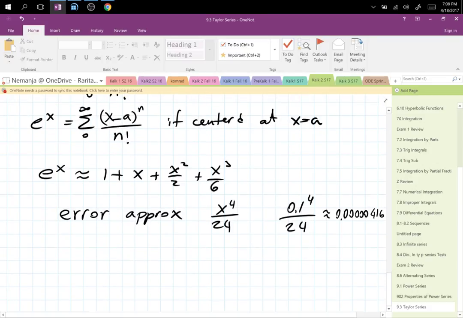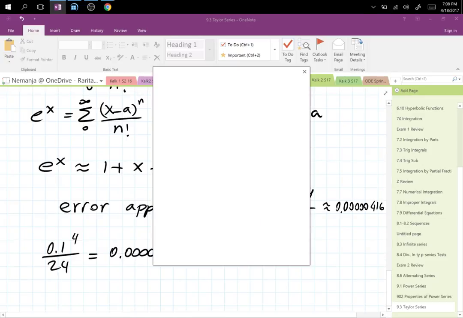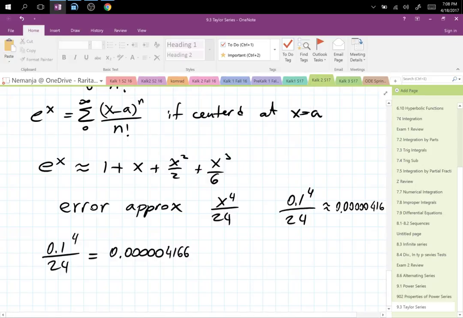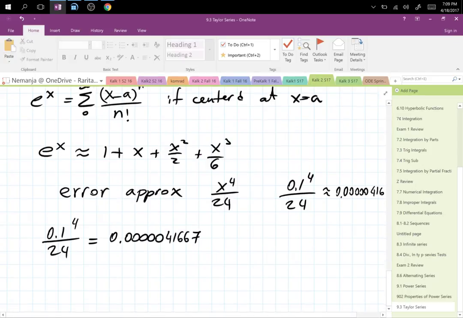So if you compute 0.1 to the 4th over 24, you will get 0.1, 2, 3, 4, 5, 4, 1, 6, 6, I believe 7 was the next one. I'll just copy this on the side.